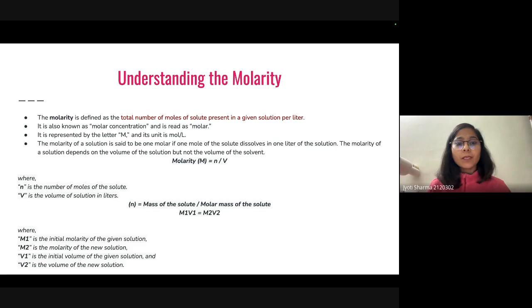Okay. So this is a very basic introduction to molarity. As you already know, this is ninth or 10th class syllabus, but let me revise it.